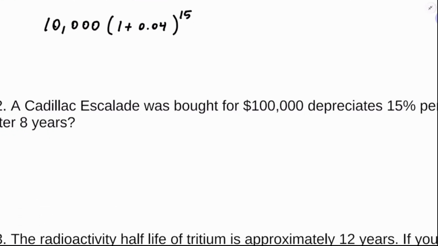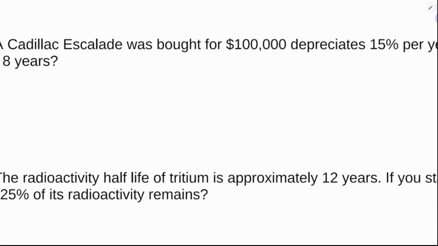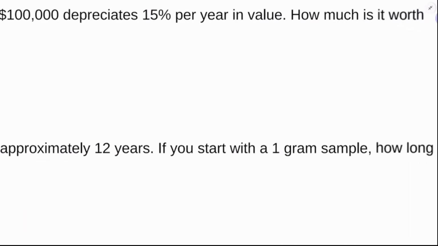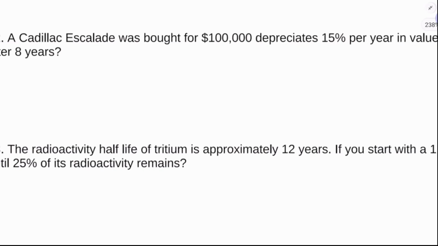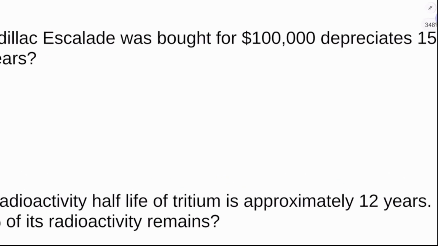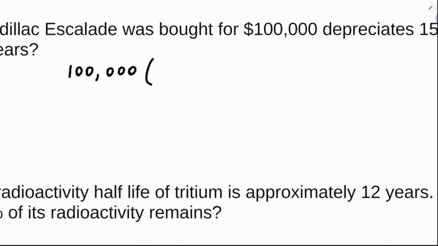A car was bought for $100,000, depreciating 15% per year in value. How much is it worth after 8 years? So I'm going to say 100,000 is what I'm starting with. And then I'm going to multiply by, okay, depreciation is going to be exponential decay. It's going to be decreasing in value. So I'm going to start with 1, and then I'm going to subtract 15%.